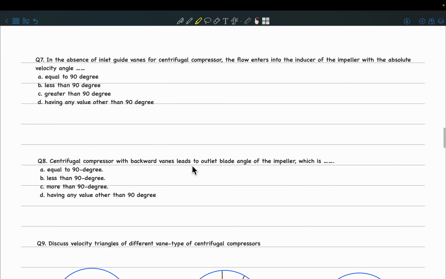In the absence of inlet guide vanes for a centrifugal compressor, the flow enters into the inducer of the impeller with the absolute velocity angle of. What is the angle with which the air hits the impeller blades?